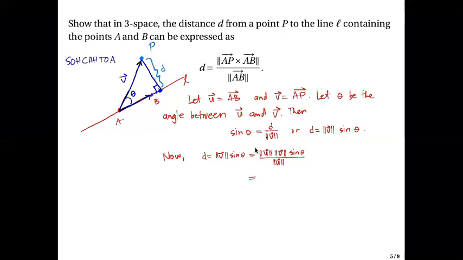So this is just U cross V and then you take the norm of that. And of course, the denominator is still norm of U.